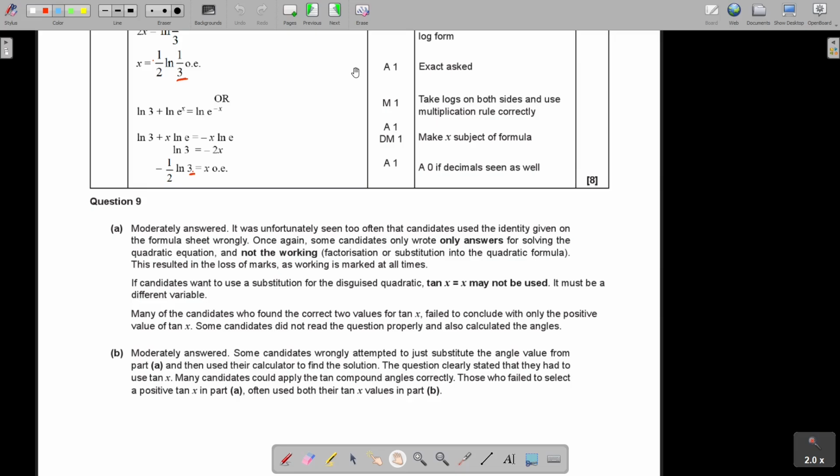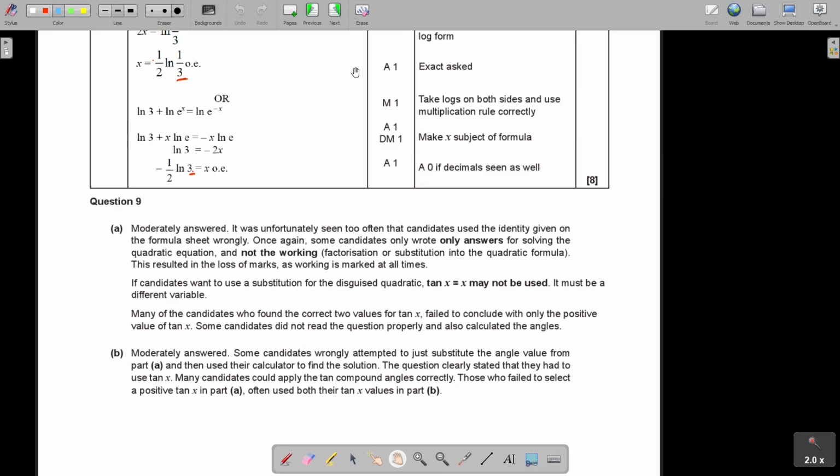Many of the candidates who found the correct two values for tan x failed to conclude with only the positive value of tan x. So it's due to the acute. Some candidates did not read the question properly and also calculated the angles. Okay. And then question B is moderately answered. Some candidates wrongly attempt to just substitute the angle value from part A and then use their calculator to find the solution.